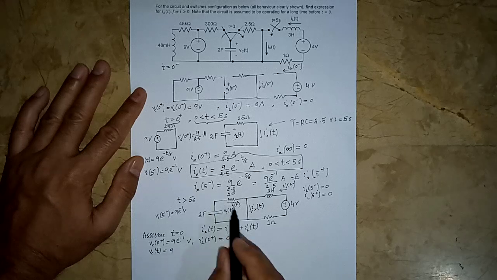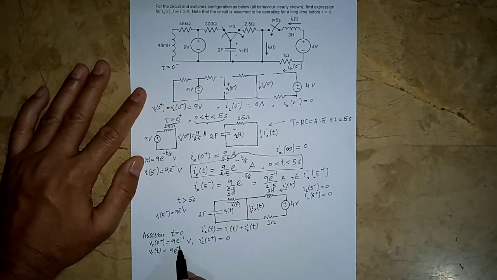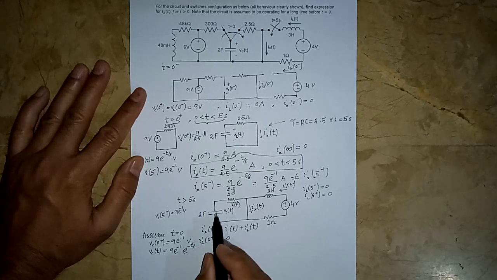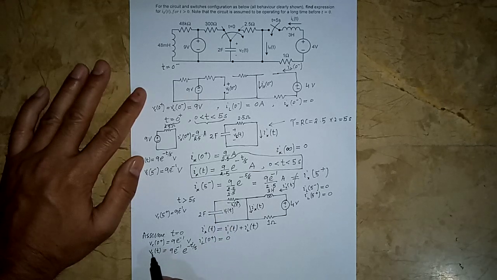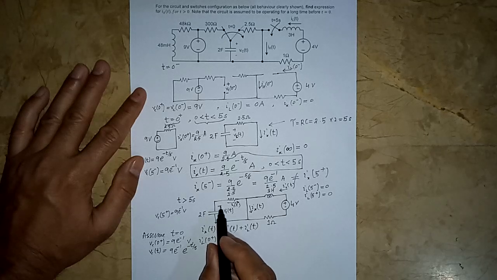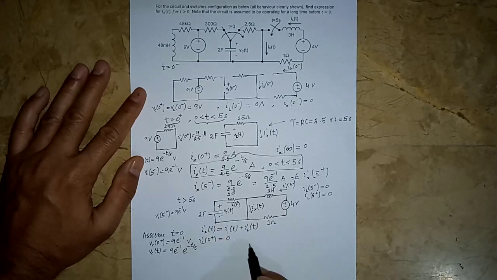It is still a natural response circuit. 9 e raised to the power minus 1, this is the starting value, times e raised to the power minus t over tau. Now the tau is still the same, 5, and it is for VC(t), the voltage across the capacitor. And here this is not a circuit of natural response, so we are going to use the general solution to find IL(t).